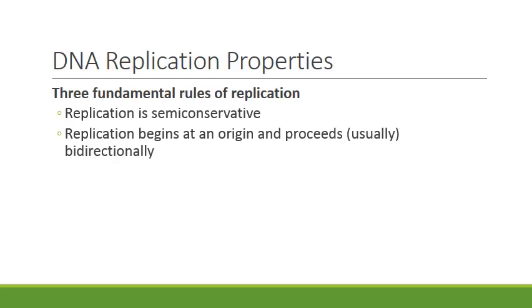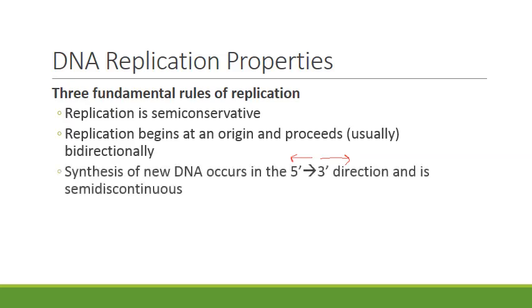We call that the origin of replication, and it proceeds bidirectionally, meaning replication goes out from that origin in both directions. Synthesis of a new DNA molecule occurs in the 5' to 3' direction. And it is also what we call semi-discontinuous. So it doesn't always happen in a continuous form, and we'll talk about why that happens as well.